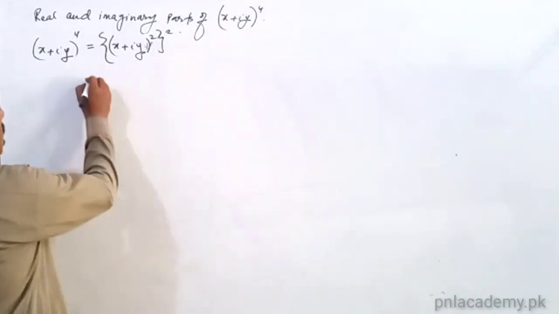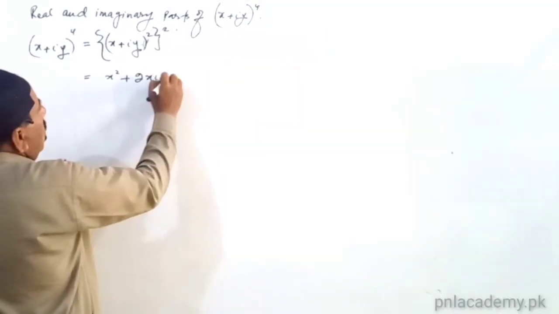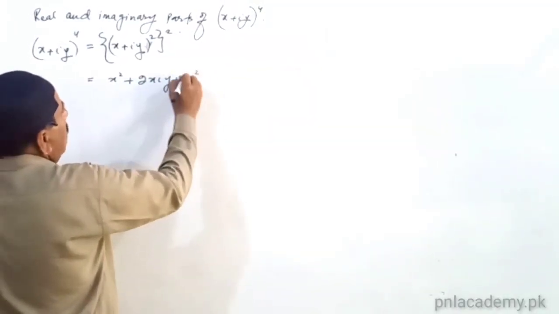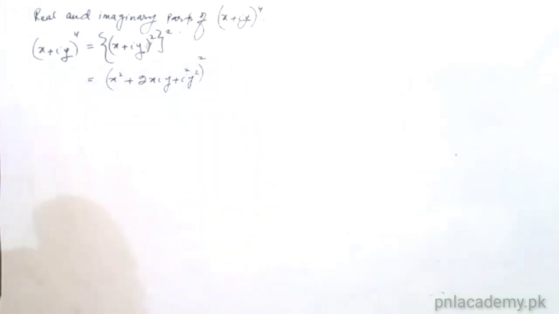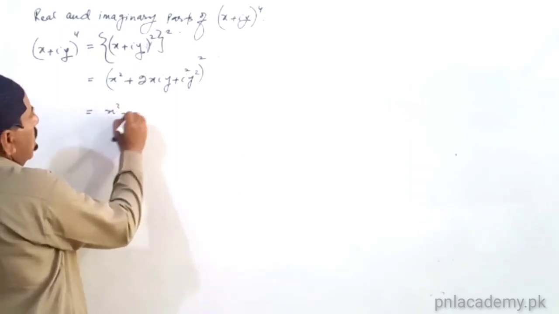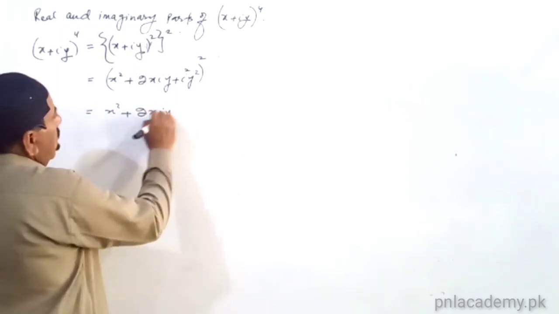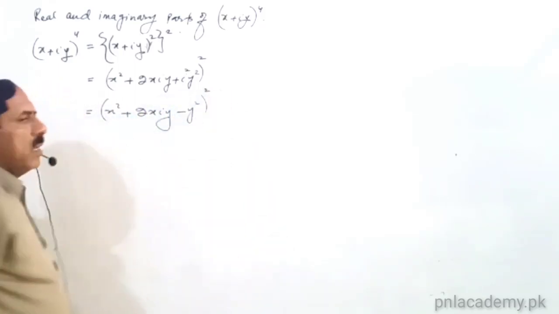So this will be (x^2 + 2xyι + ι^2y^2)^2. After substituting the value of ι^2, this will be (x^2 + 2xyι − y^2)^2.